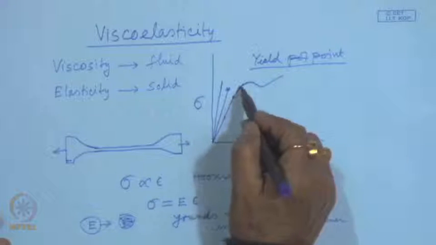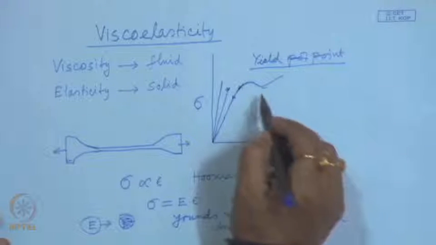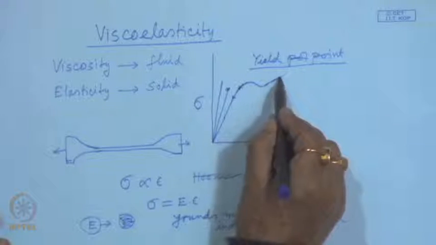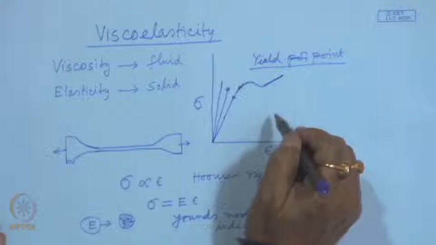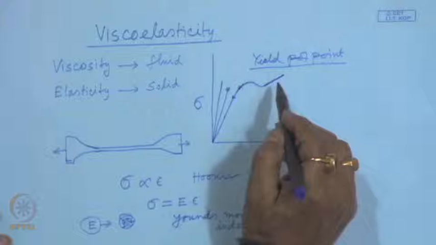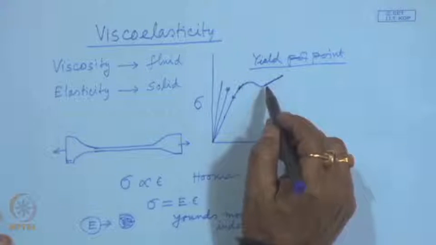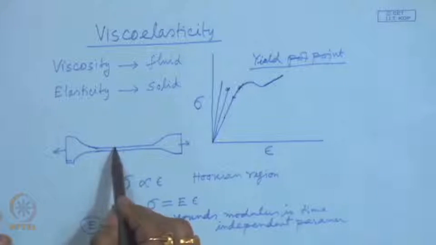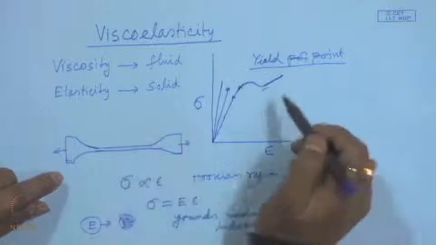Metal can behave like this, there can be a necking and then it can fail anywhere after necking, and in that case this portion is not there. This is due to molecular alignment, which is called strain hardening, or that is due to the decrease of the dimension of this part where necking occurs.